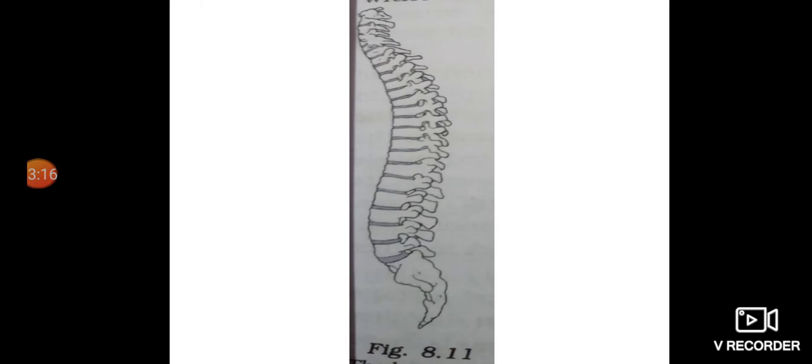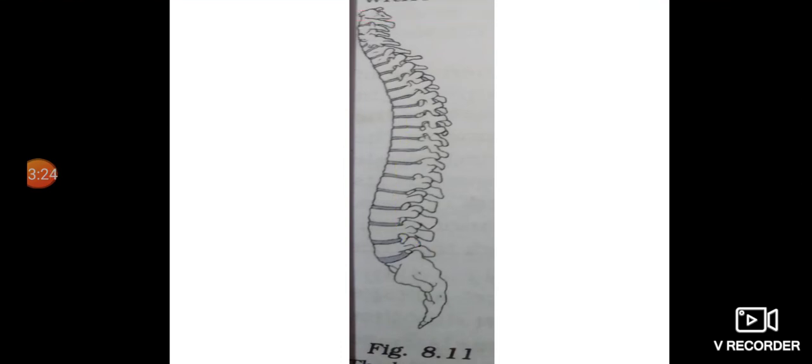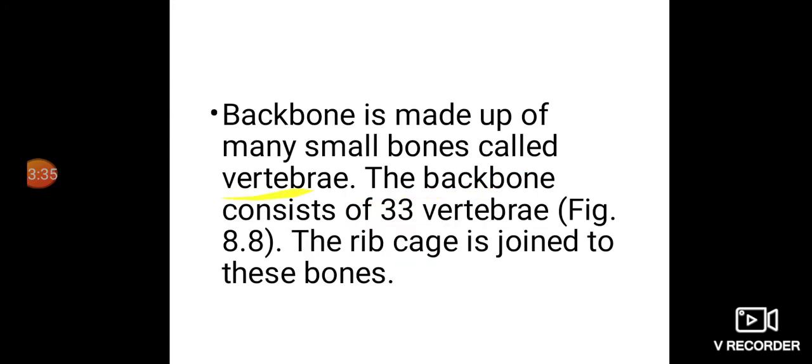Now our spine consists of how many small bones? 33 small bones. They are called vertebrae. Spell the word: vertebrae.